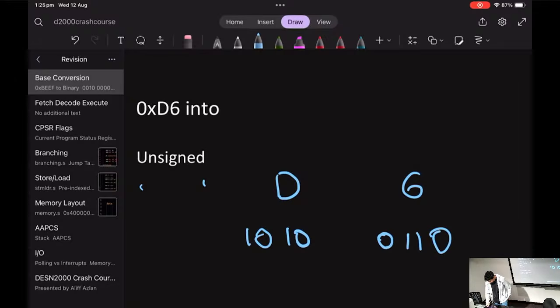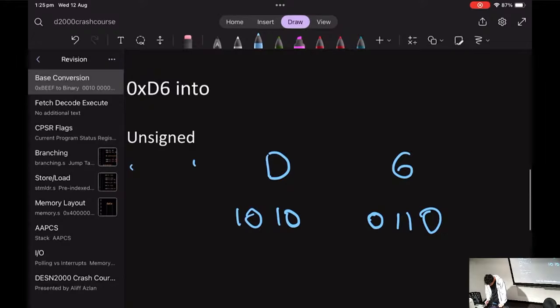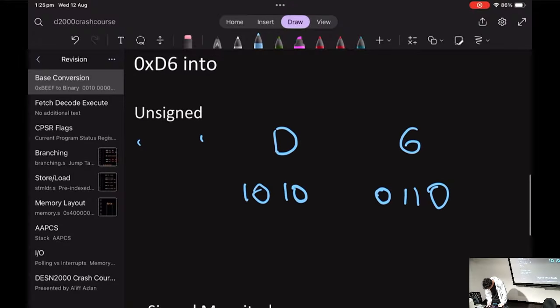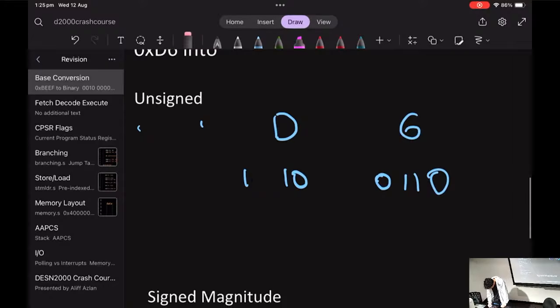So this is our unsigned representation of the binary version. And all we need to do now is convert this back into decimal. So in decimal, this would be 1101. You are right.